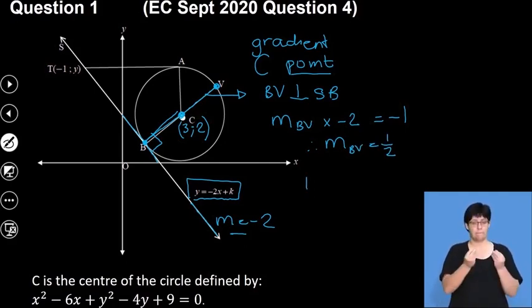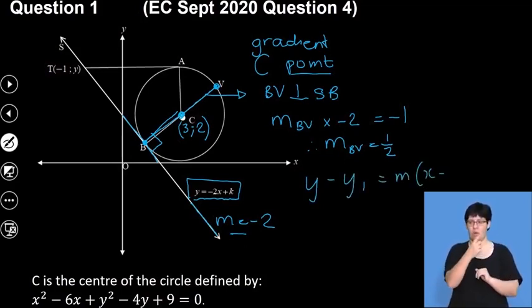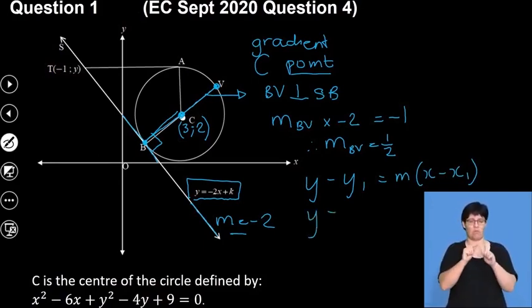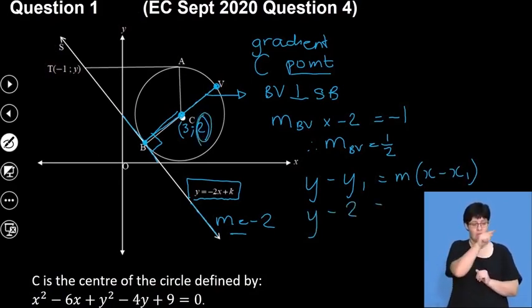Now, the last thing we need to do is find the equation of that line. So we're going to use our equation formula: y minus y1 is equal to m into x minus x1, where m is the gradient and x1, y1 are the coordinates of a point. So we can now substitute those in. We know that y minus 2, got the 2 from that over there, is equal to 1/2 into x minus 3.